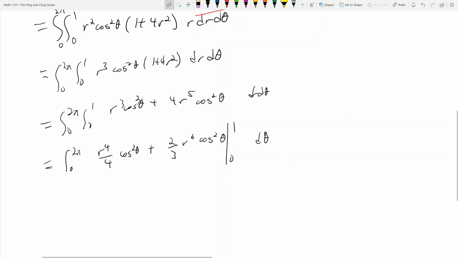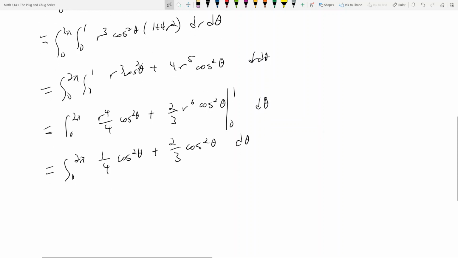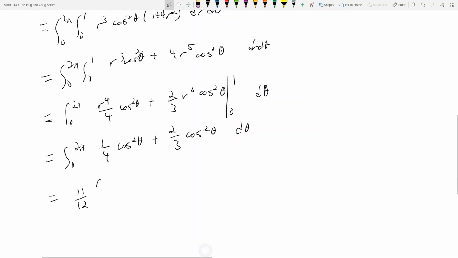If you plug in 0, you don't get anything, so then from 0 to 2 pi, this becomes 1/4 cosine squared theta plus 2/3 cosine squared theta, d theta. 1/4 plus 2/3 is 3 plus 8, so 11/12, and I'm going to pull that out in front, times the integral from 0 to 2 pi of cosine squared theta d theta.